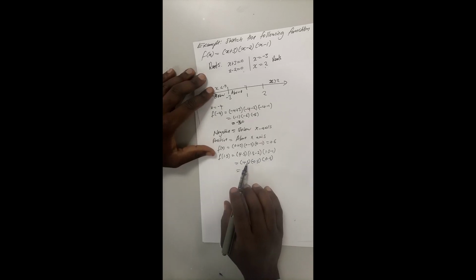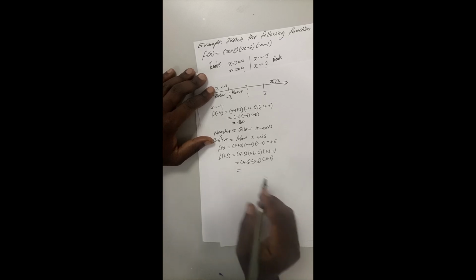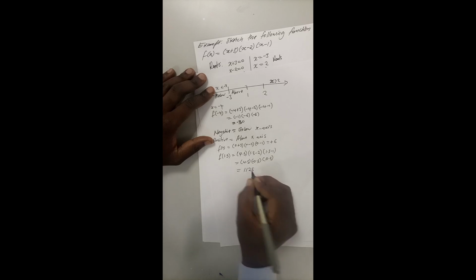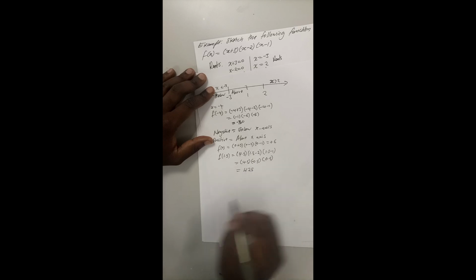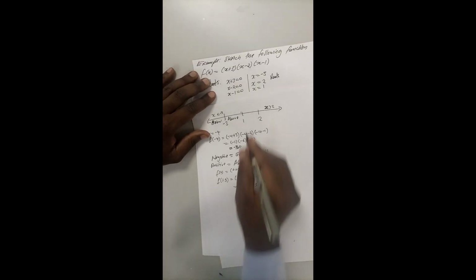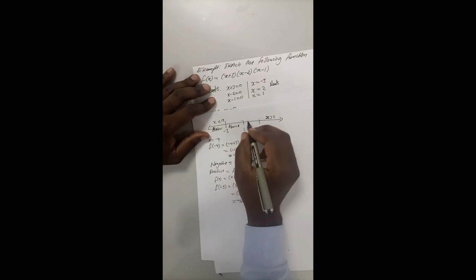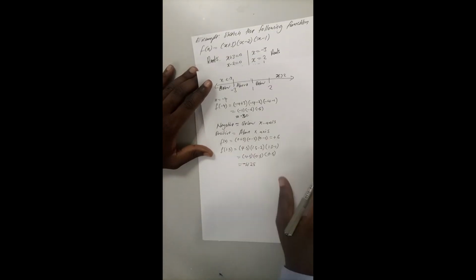Multiplying these, 45 times 5 times 5 is 1125. How many decimal places? 1, 2, 3. So the value will be 1.125, and with the signs positive, negative, positive, you're going to have a negative. So between 1 and 2, it will be below the x-axis.